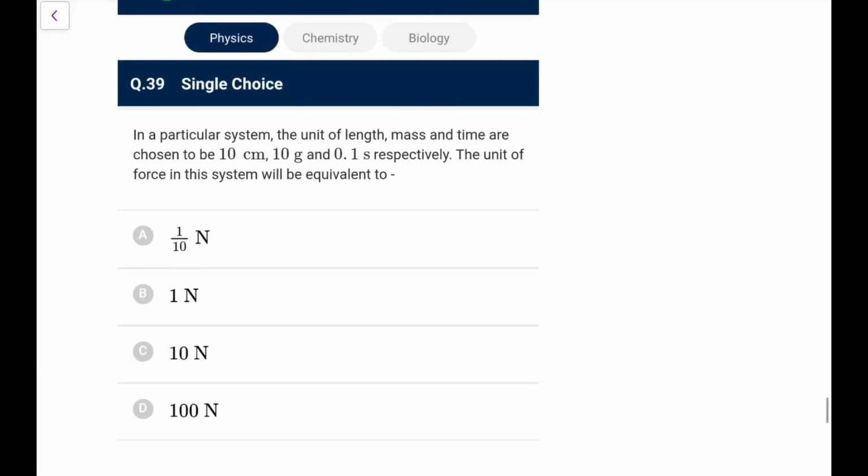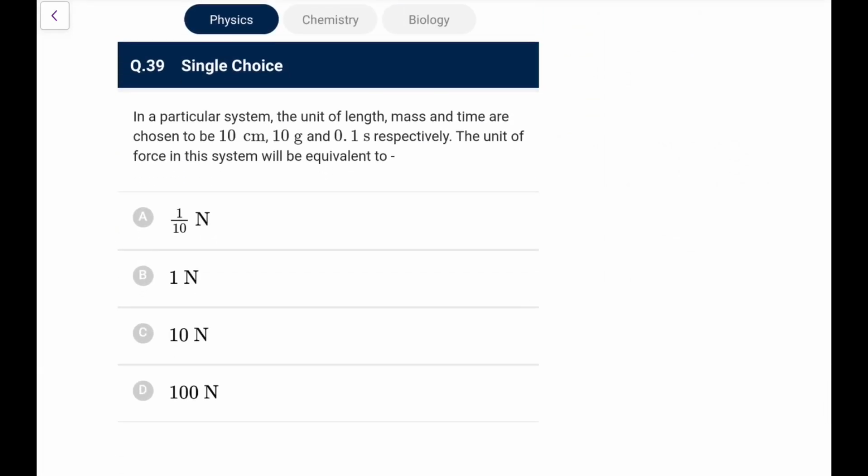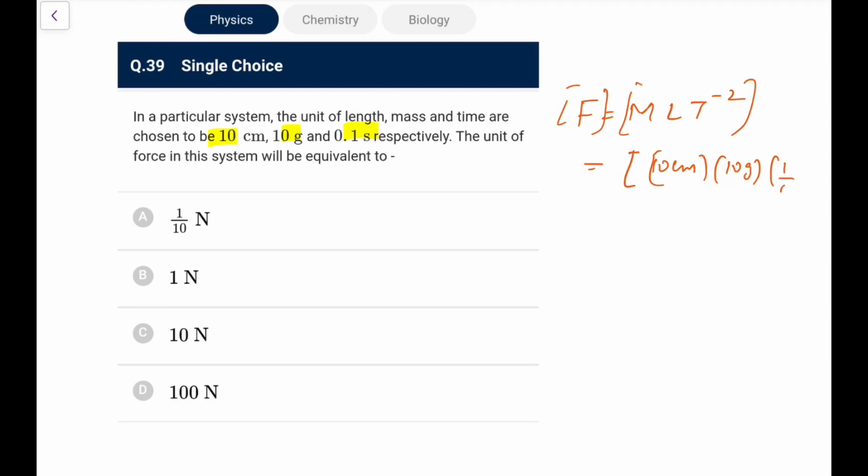Next, in a particular system, the units of length, mass and time are chosen to be 10 centimeter, 10 gram, and 10 second. The unit of force will be equivalent to what? We know F has the dimension m L T minus 2. So m here would be 10 grams, length would be 10 centimeter, and it would be 1 upon 0.1 to the power minus 2.